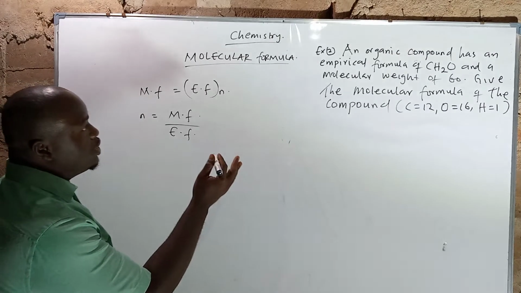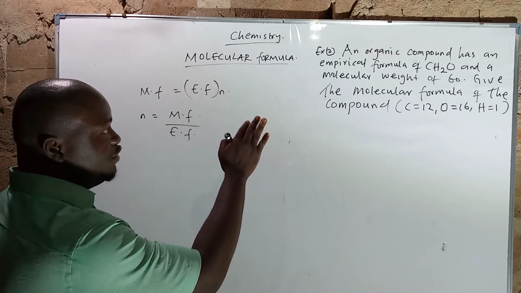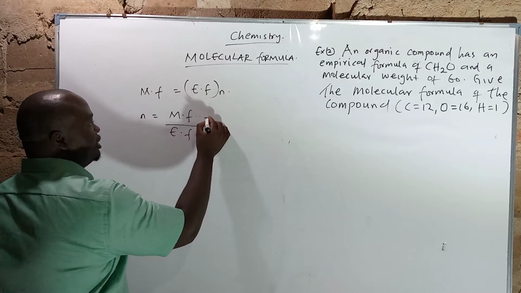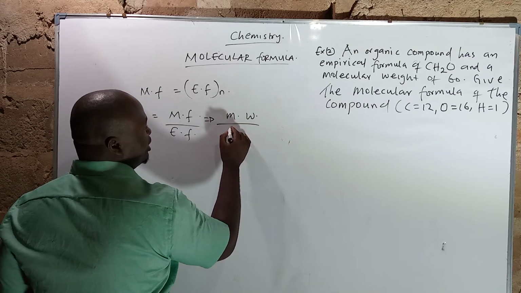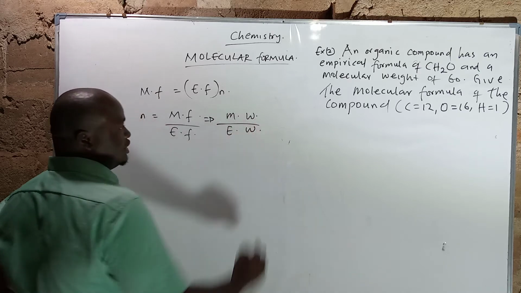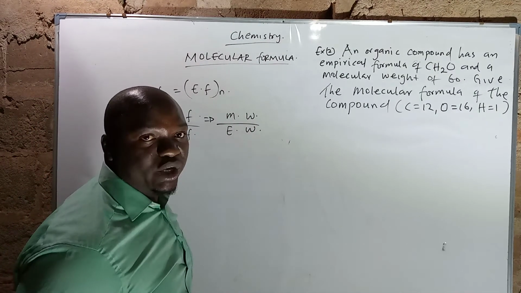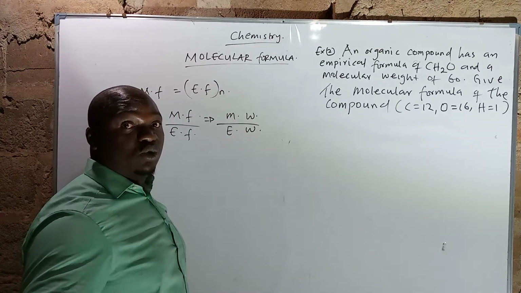Now, at the board, you have an empirical formula, and they have given you the molecular weight. I can say that N is also the molecular weight over the empirical weight. So write it down. From the question, we have the molecular weight, which is 60, the same thing as the molecular formula.